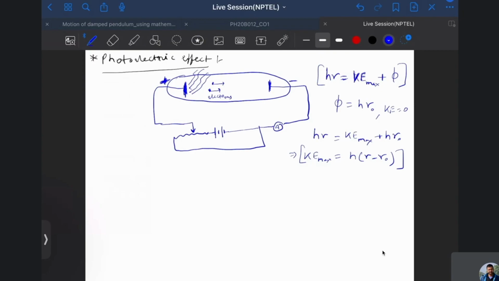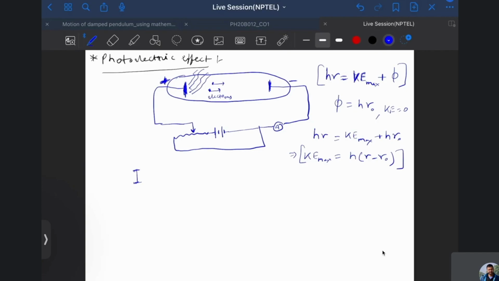Because there were some peculiarities to this photoelectric effect. For example, if you increase the intensity of light, from classical electromagnetic theory, you will believe that the number of electrons, the energy of electrons will increase.